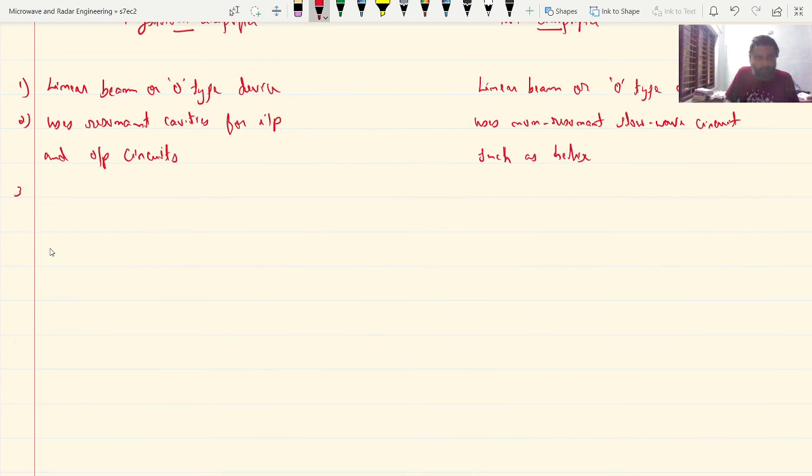The third point: the klystron is a narrowband device due to the use of resonant cavity.